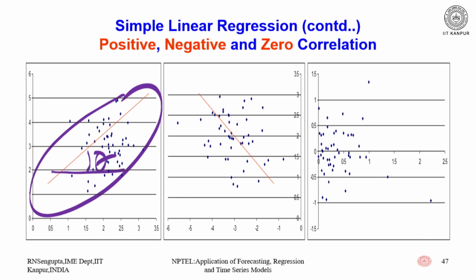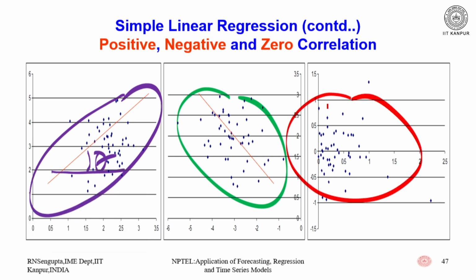And in the case when it is decreasing, let me use a different color, it is a negative trend. In case all the values are scattered, you will have the relationship as almost 0.